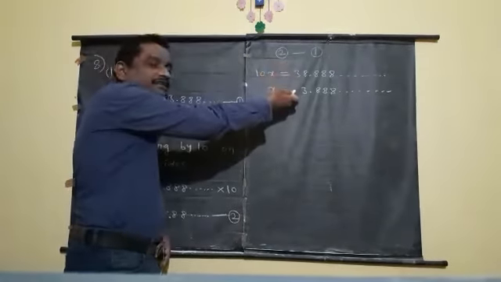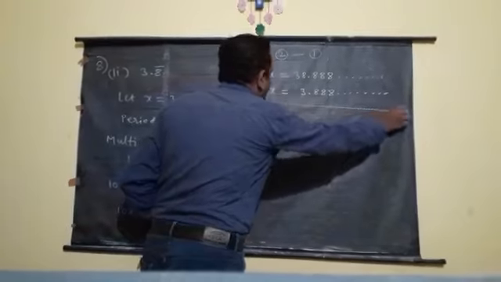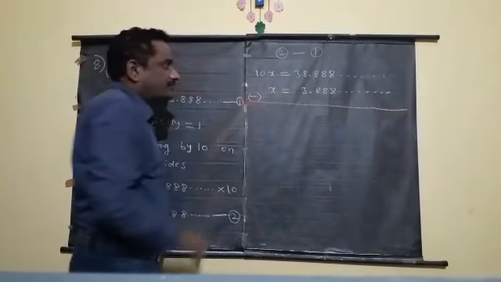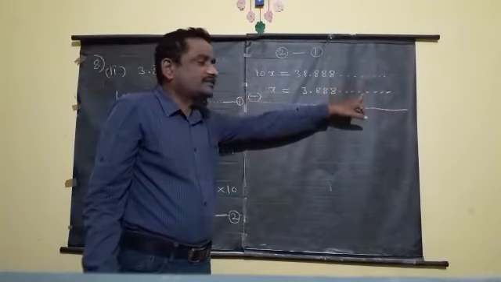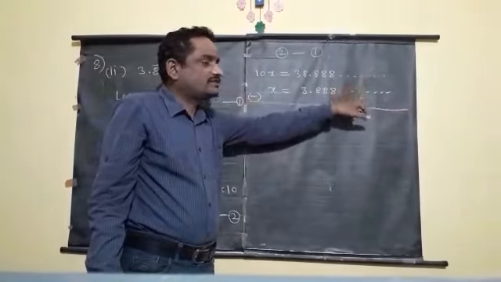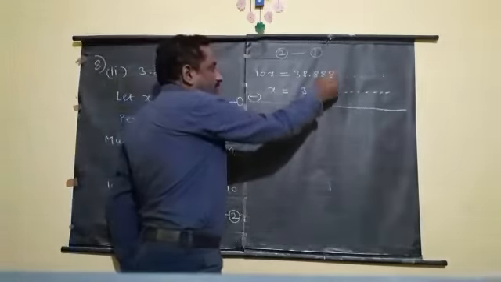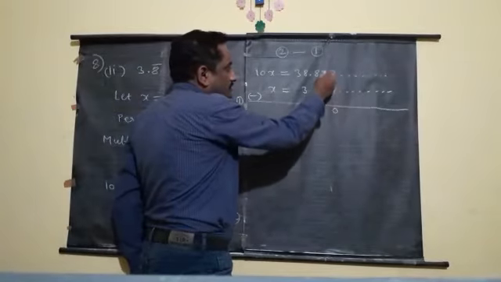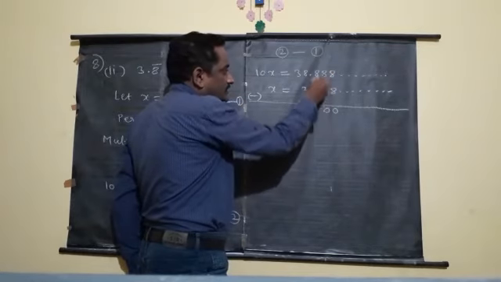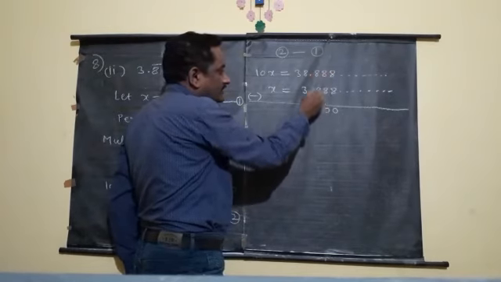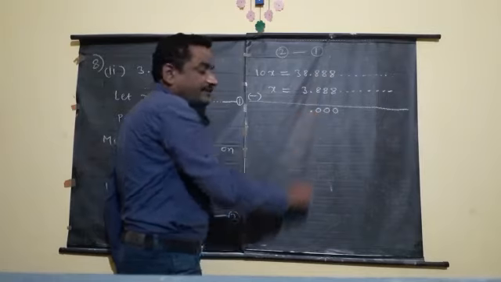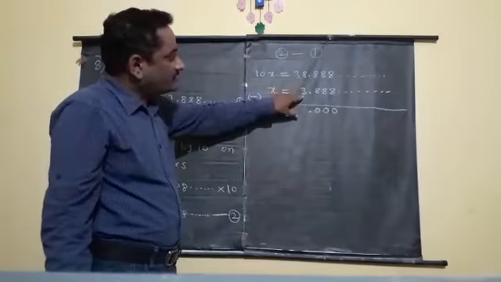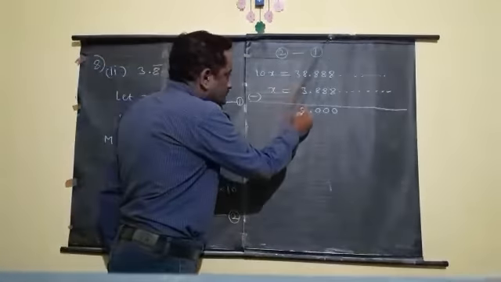Second equation minus first equation. So we have to do subtraction. Now dash minus dash is 0, dash minus dash cancel. 8 minus 8 is 0, 8 minus 8 is 0, 8 minus 8 is 0. Instead of point, 8 minus 3 is 5.